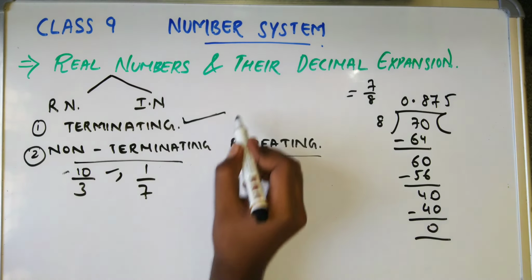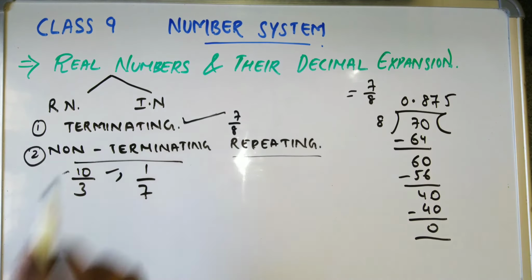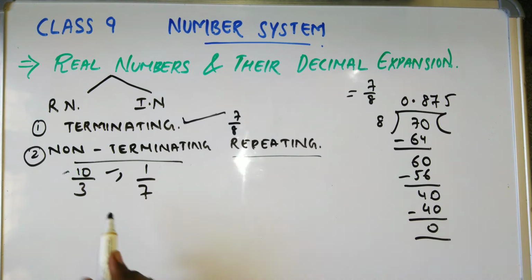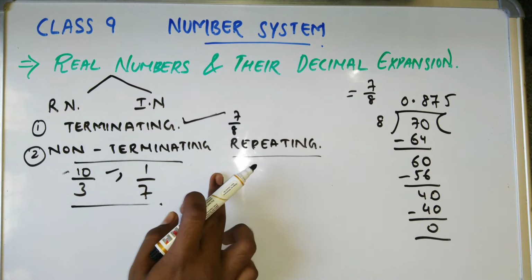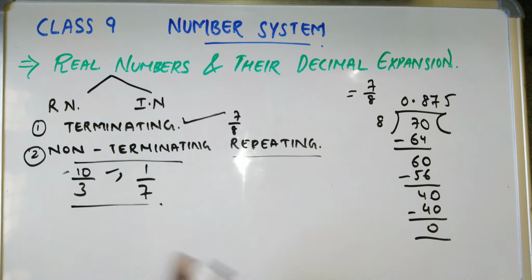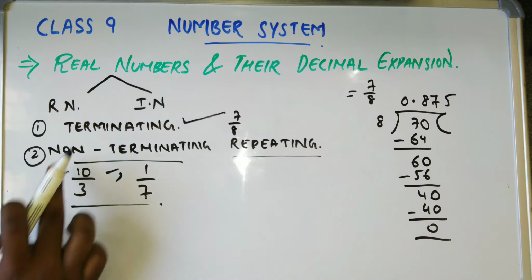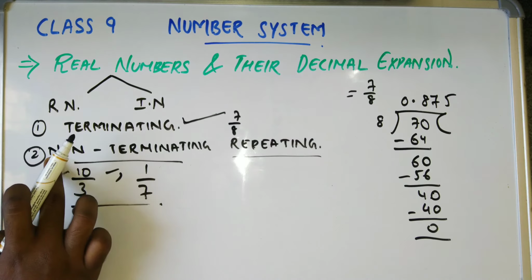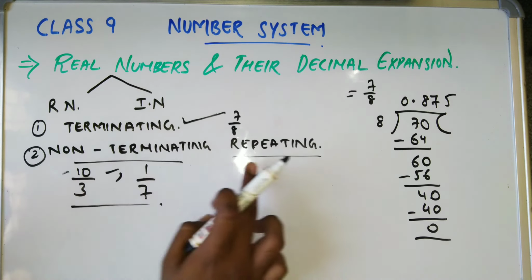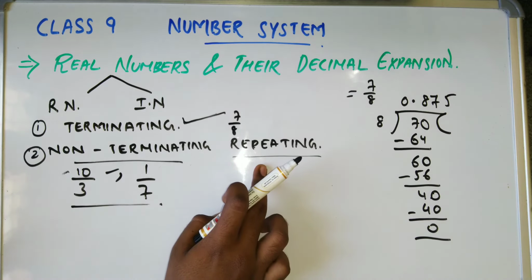So I can say that 7 by 8 comes under the category of terminating. So for rational numbers, there are two decimal expansions: one is terminating, another one is non-terminating repeating. I'll repeat: terminating means the remainder becomes 0, non-terminating means the remainder will not become 0, and repeating means the quotient repeats, any of the digits will repeat.